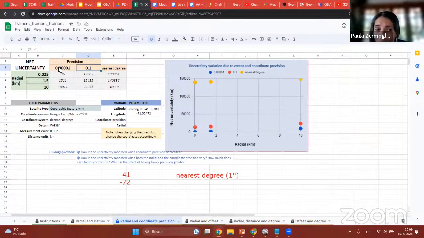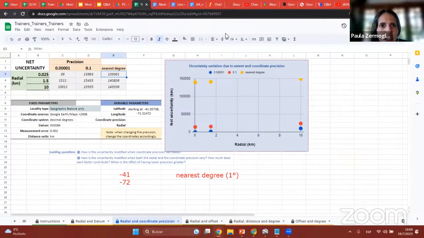And we have a change that here seems small, but if we look at the values, it goes from 36 meters to almost 14 kilometers. So this is a big jump here, even though it looks small. It's a big jump. And when we move to a much lower precision, to a degree, we go to 140 kilometers.